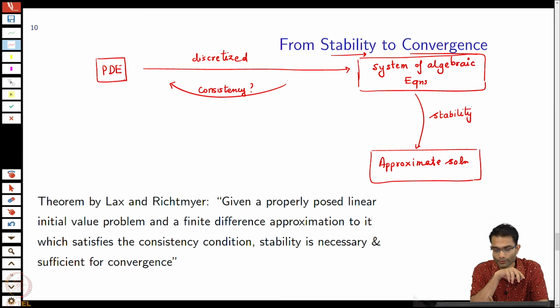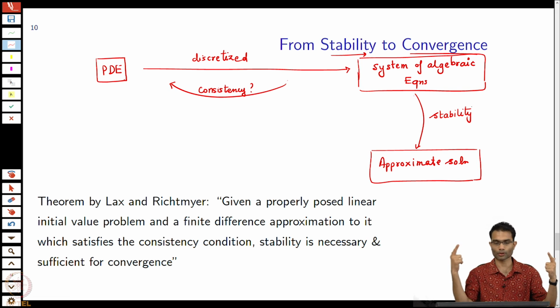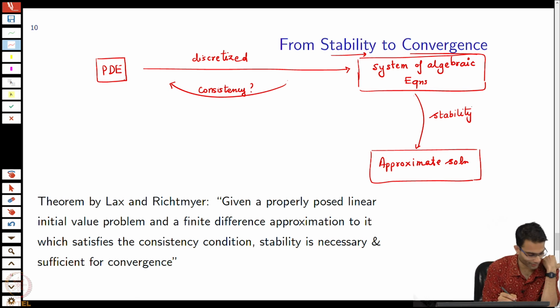Okay. So, from these three square boxes, is there something that is still missing? I have the PDEs, I have a system of equations, and I have an approximate solution. What other thing can you think of? The hint is that I have drawn three boxes: the actual solution, the exact solution.